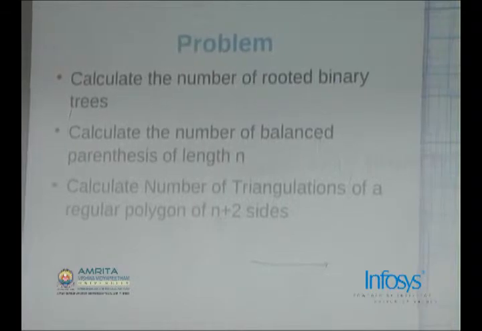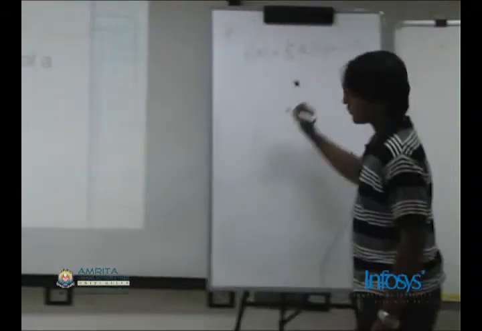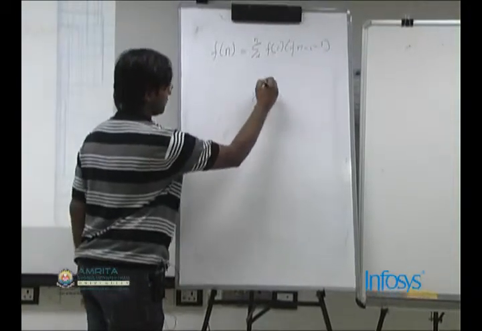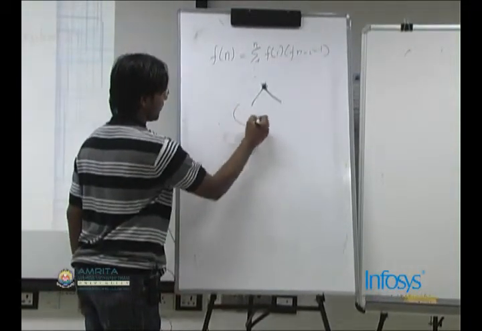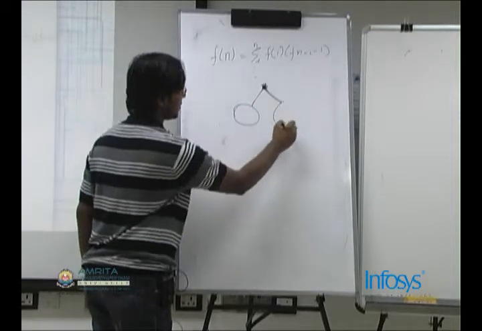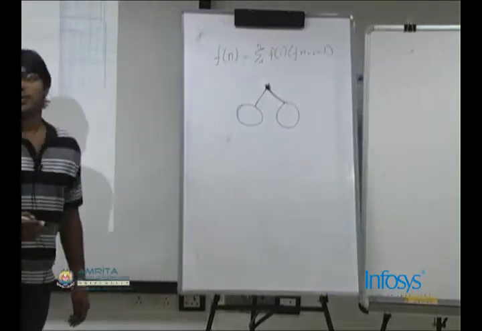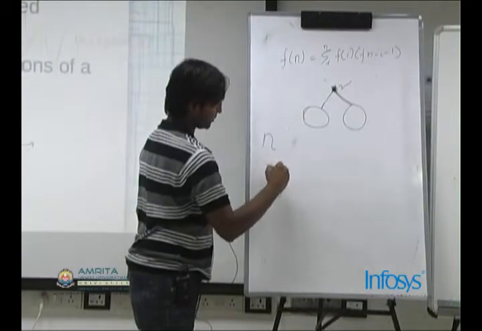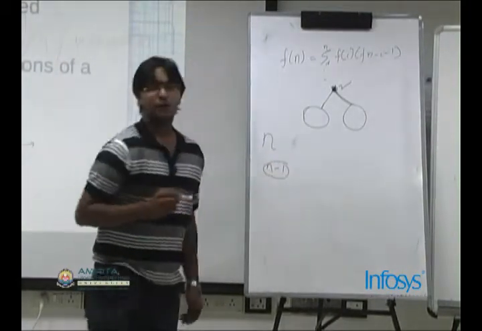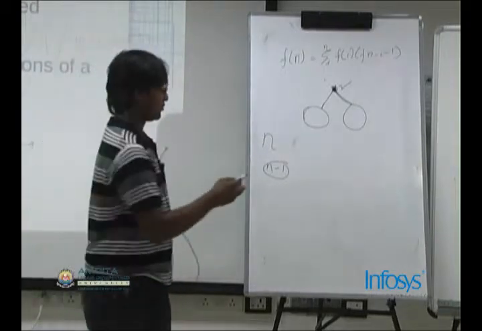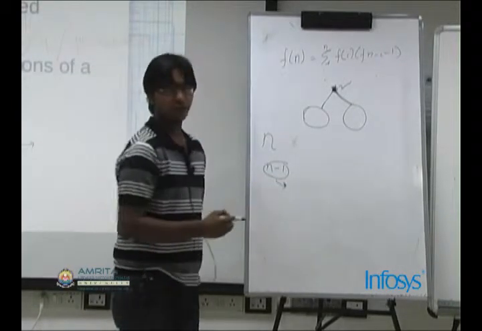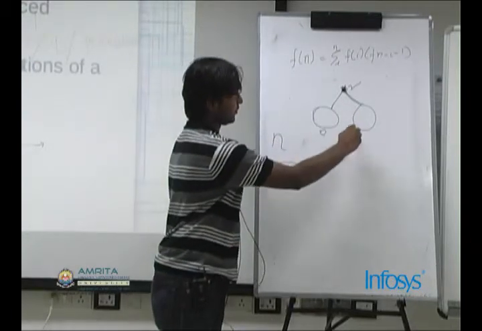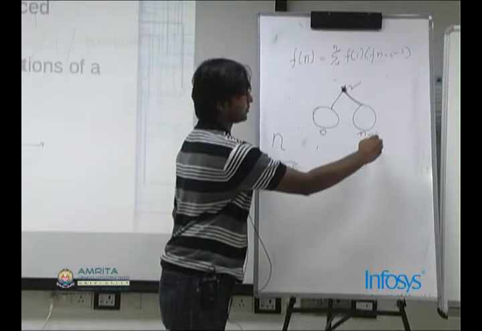The key observation is, if we fix the root, then this tree structure will have a left subtree and a right subtree, and we have n nodes. We have fixed the root, so we are left with n minus 1 vertices. We can partition these n minus 1 vertices into two groups, like 0 and n minus 1, 1 and n minus 2, and so on.